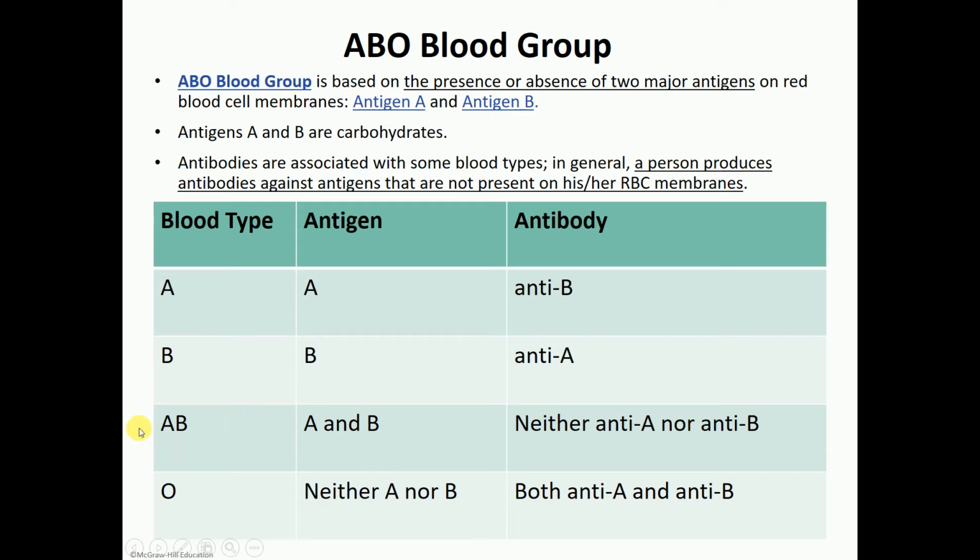People with blood type AB would have both antigen A and antigen B, but no antibodies, so neither anti-A nor anti-B antibodies would be circulating in their plasma. Blood type O means that they have neither antigen A nor antigen B, but they would have both anti-A and anti-B antibodies.